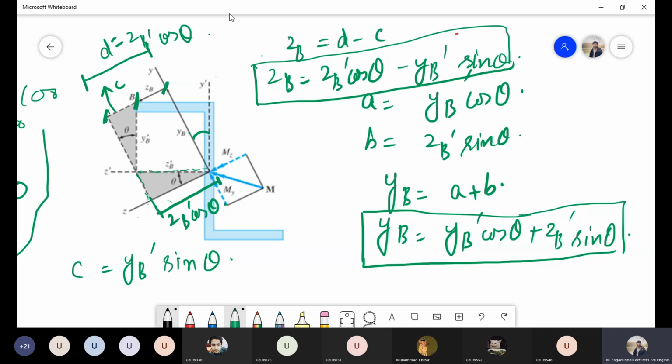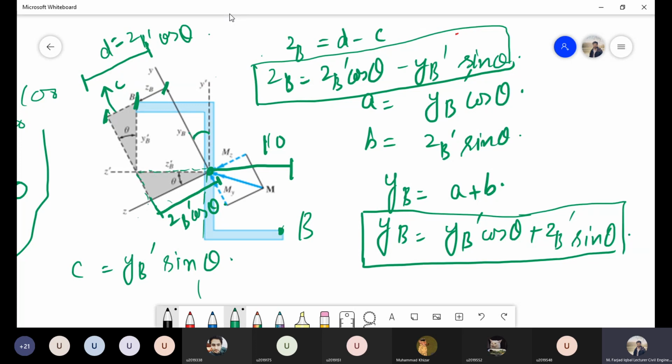Then in this case, for example, if your point is somewhere over here, let's say this is point B and you want to calculate the stress at this point, your zb dash distance will be towards the right side, let's say it is 10. Now in this case, you have to substitute minus 10 in this equation.